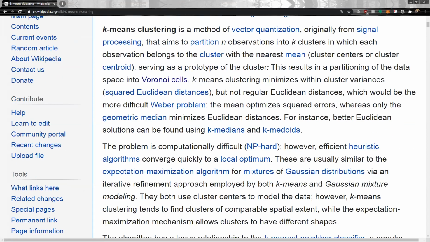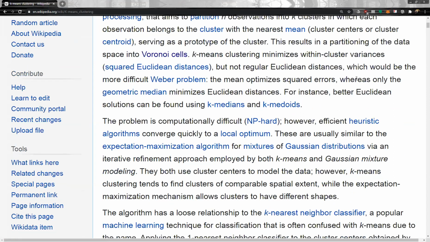The mean optimizes squared error, whereas only the geometric median minimizes Euclidean distance. So we are looking for means, not median, because the mean minimizes the squared Euclidean distance.